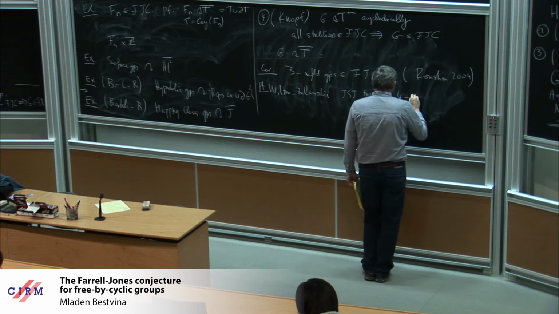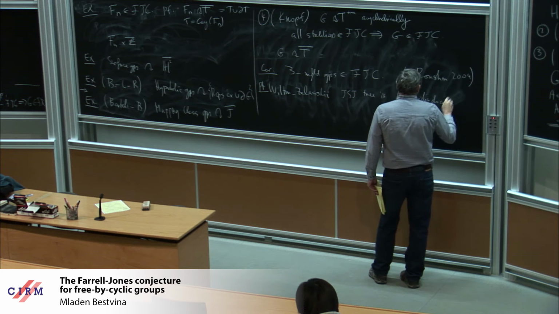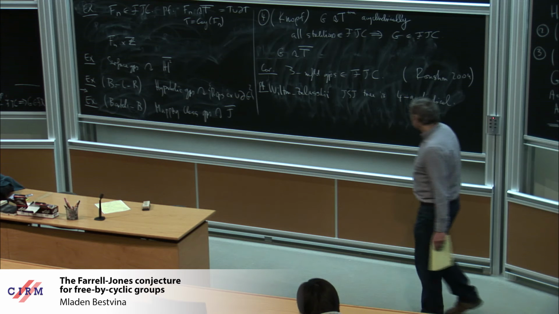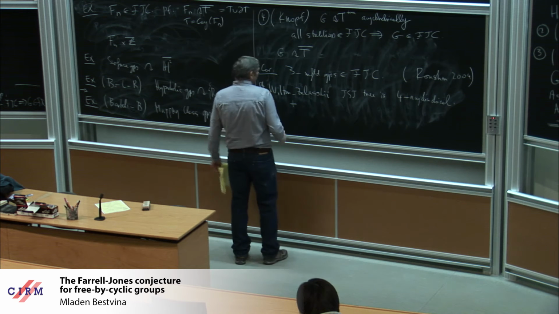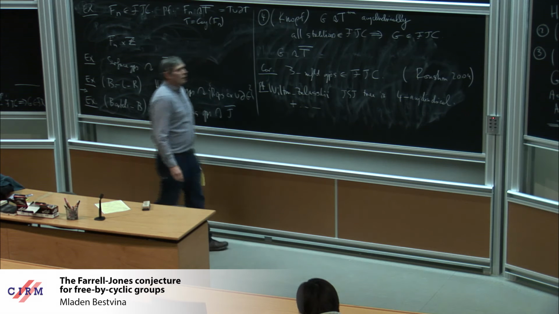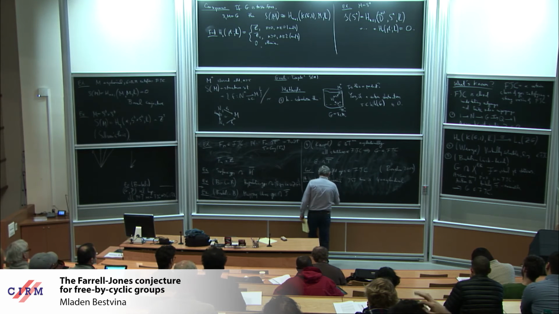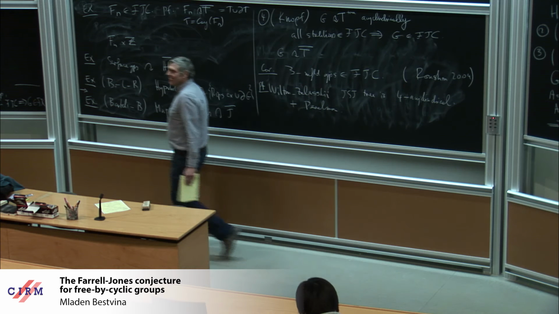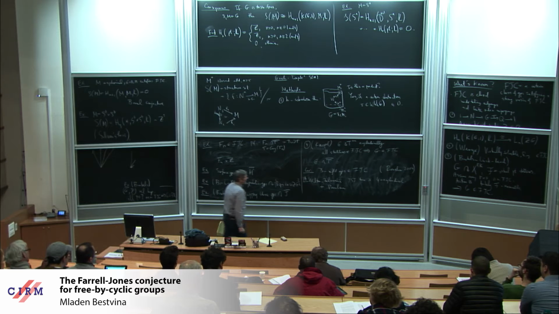It's 4-acylindrical, to be more precise. Okay, and you know it for the pieces, plus the stuff before, plus whatever should be pretty clear now. Plus geometrization, plus Farrell. Okay.